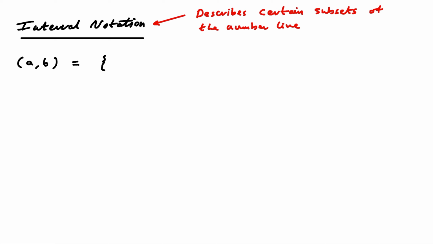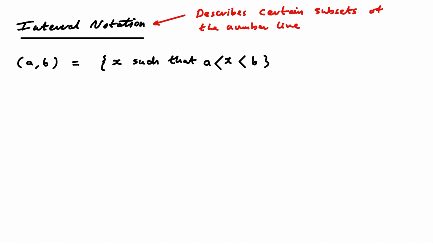I'm going to use a curly bracket notation to represent a set, a collection of things. This is all x such that x is strictly between a and b. Strictly between these two extremes.